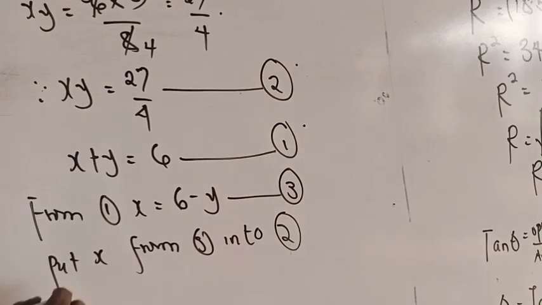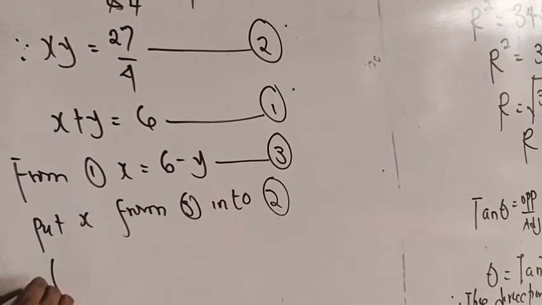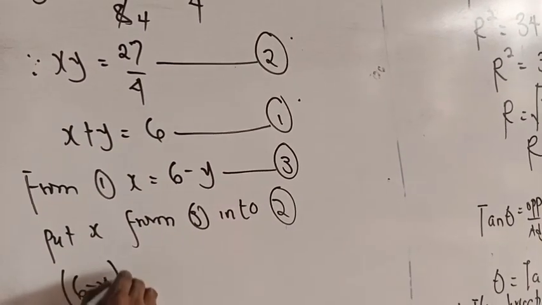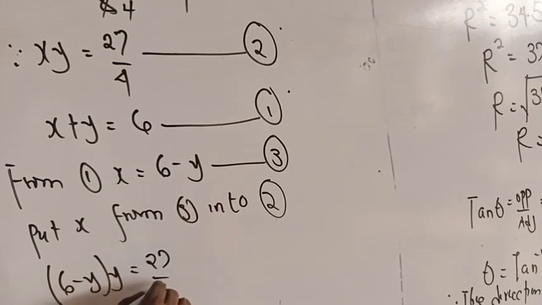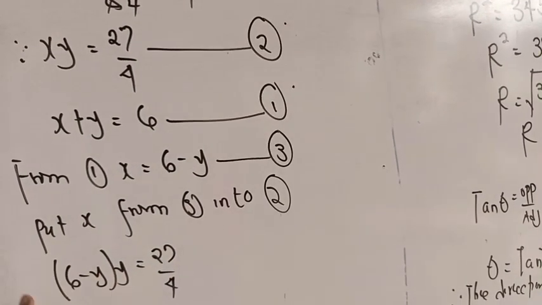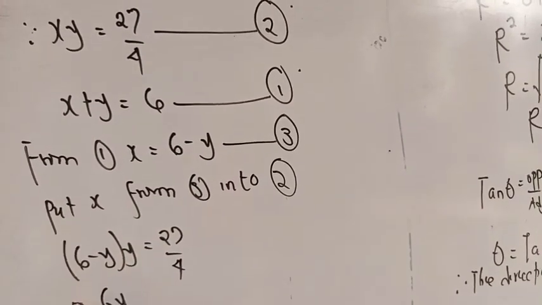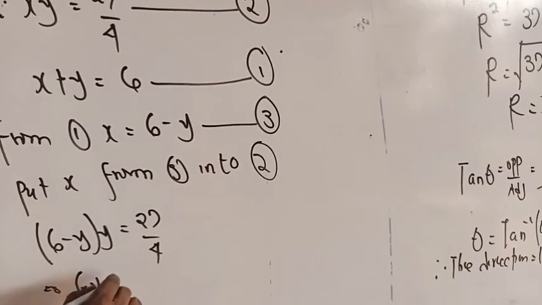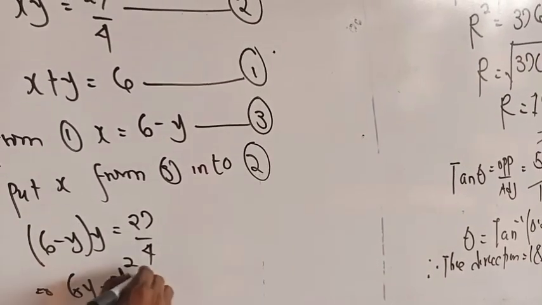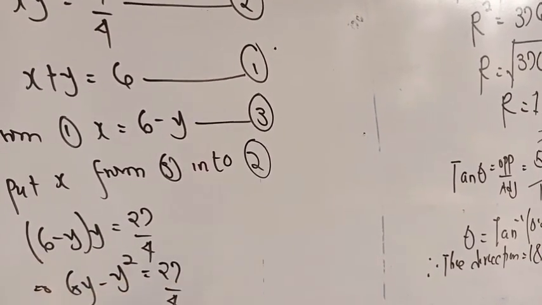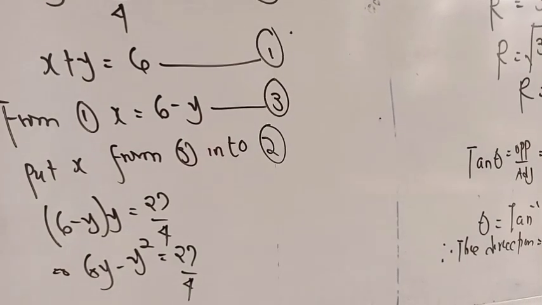If that happens, I will have (6 minus Y) times Y equals 27/4. So if I expand this, I'm going to have 6Y minus Y squared equals 27/4. So from here, I can cross multiply.